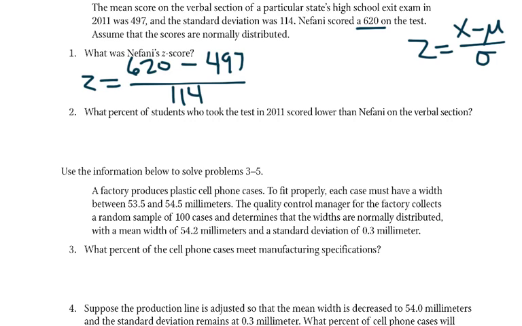So we type that into our calculators. You could do it by hand, but we want that decimal for the next part. So divide that by 114 and we end up with a z-score of 1.078947368.